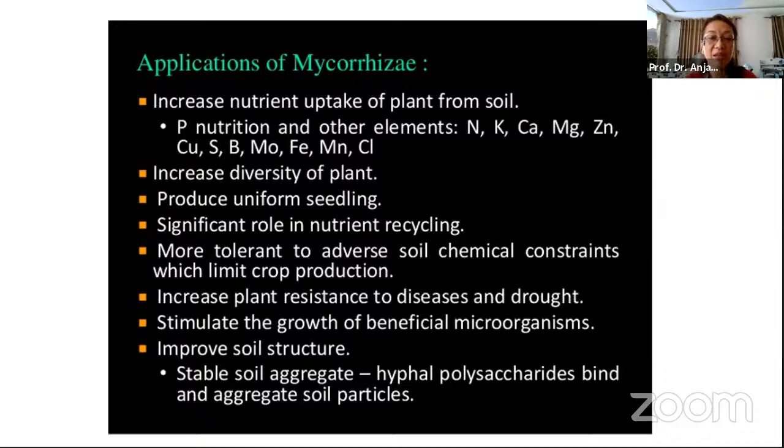Previously, Madam also talked about the drought condition, how genetic makeup has been done and produced, right? But here, these mycorrhizae also help in stopping various types of pathogenic microorganisms from entering the plants.